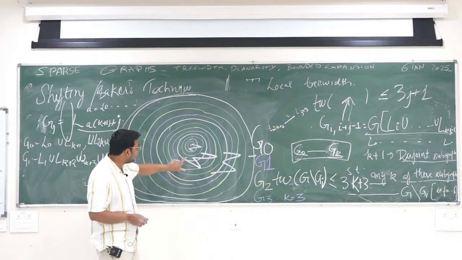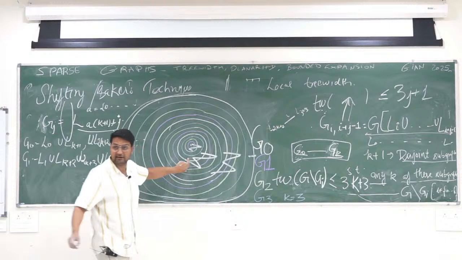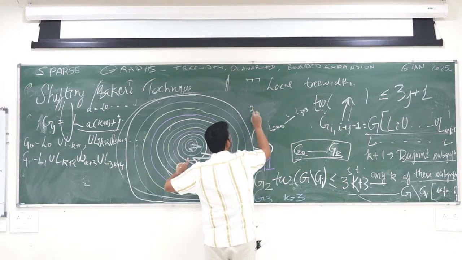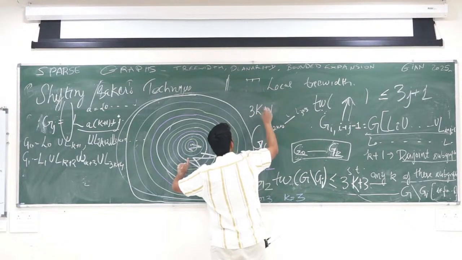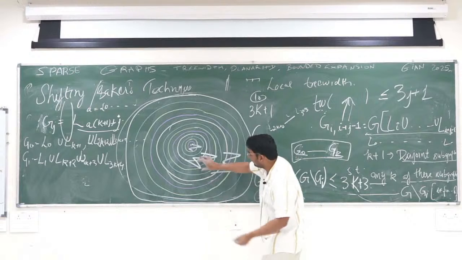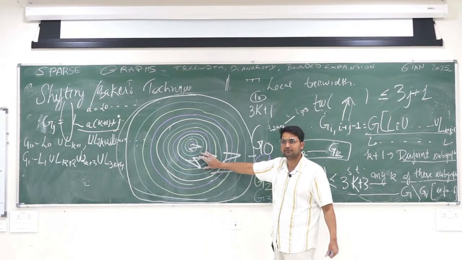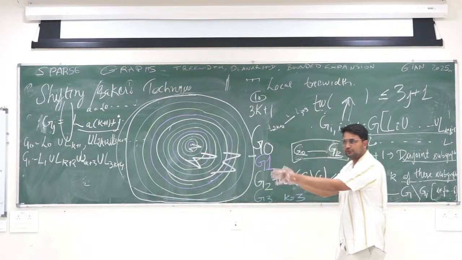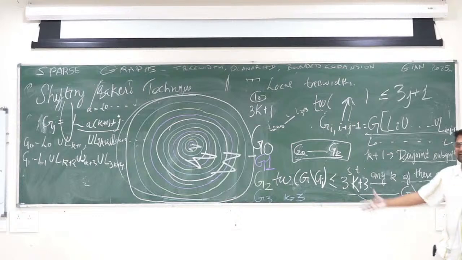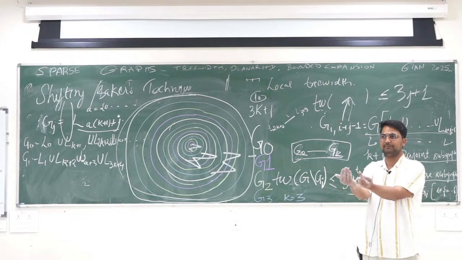So I have established here that the treewidth of such graphs when I have only 3 layers is 3 times k plus 1. Here k is 3, so it's 10. But otherwise, all of them have treewidth at most 3 times k plus 1. And since all of these subgraphs are disjoint, when I collectively take them, I can merge these tree decompositions at any place.